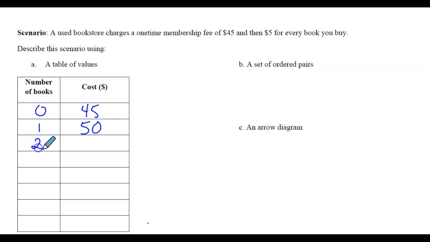For 2 books, your total charge would be $55. So this is a different scenario. It's not going to then cost another $50. It's a one-time fee of $45, and then for each book, it's $5. So obviously your amount is going up 5 each time. So you can fill that in as a set of ordered pairs. I'm just going to start it for you.